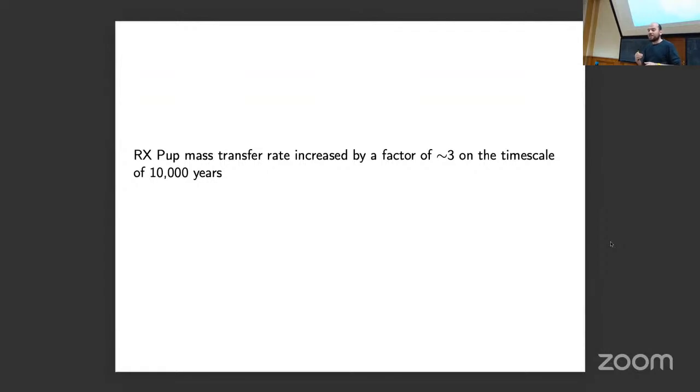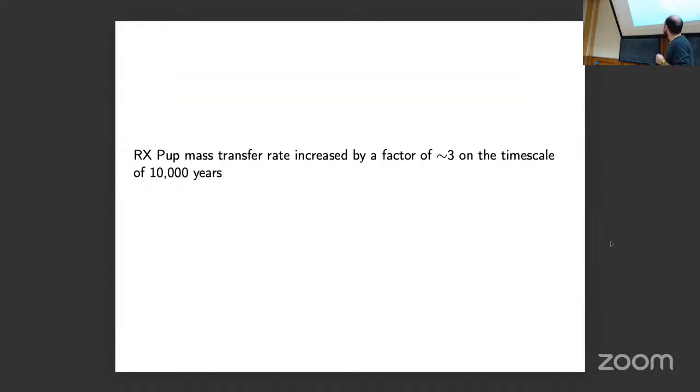So this is the first time we can more or less accurately, and using some assumptions, measure the mass transfer rate change on a time scale of 10,000 years, which is really cool. Because it makes it easier to predict the evolution and compare to models of binary evolution and the evolution of mass transfer rate predicted by theory.